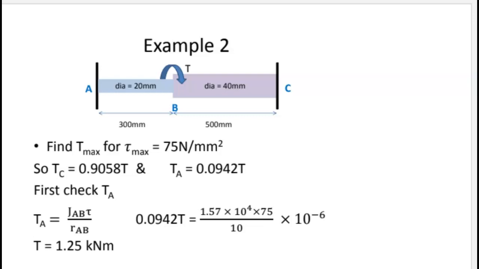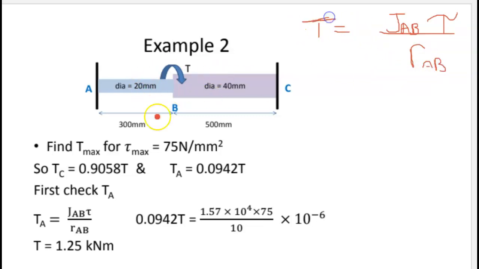Okay. Now let's have a look at the next part. We have this value 75 initially. So now I need to find out the torque at A. The torque at A has a formula: torque equals the moment thing multiplied by tau over the radius of the rod AB, the small one.